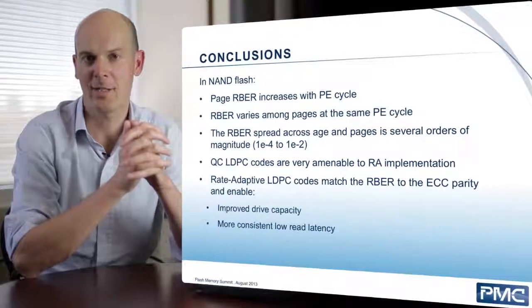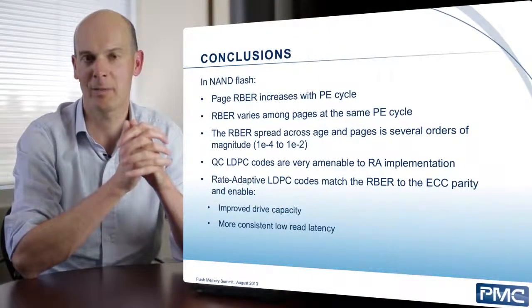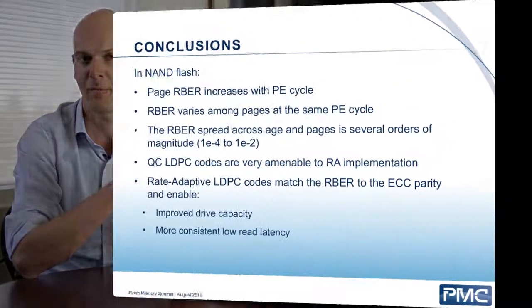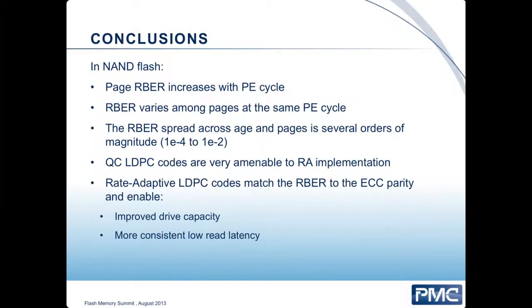So I'd like to conclude by saying that in NAND Flash today, we can see a very different behavior at the beginning of life than we do at the end of life. And applying a consistent or common error correction scheme across all different manufacturers of flash at all points during the life of a solid-state drive is very inefficient and does not maximize user experience and does not minimize cost per gigabyte.